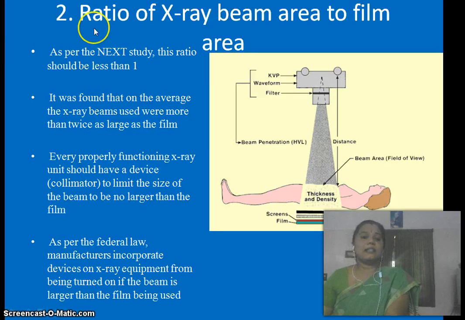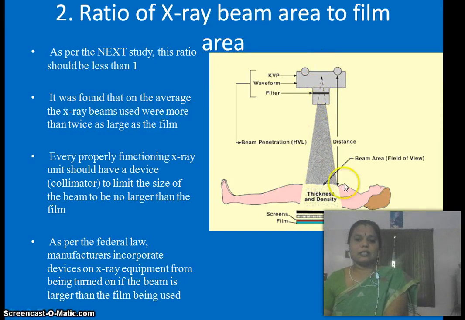And the next criterion which was reported by this study is the ratio of X-ray beam area to film area. What is the X-ray beam area? Here you could see the diagram where we have an X-ray source.